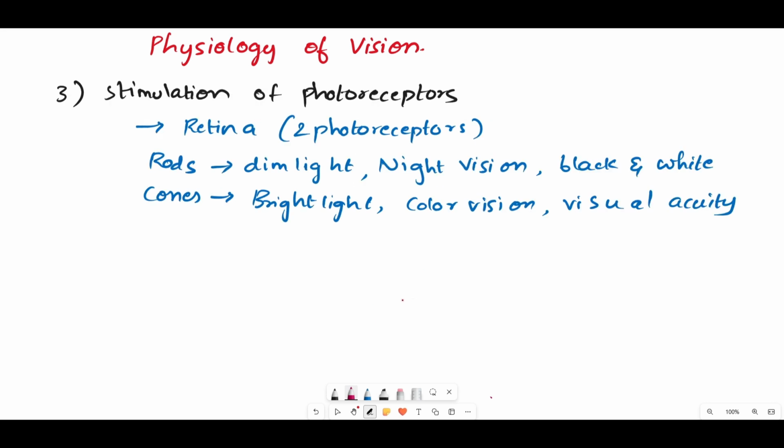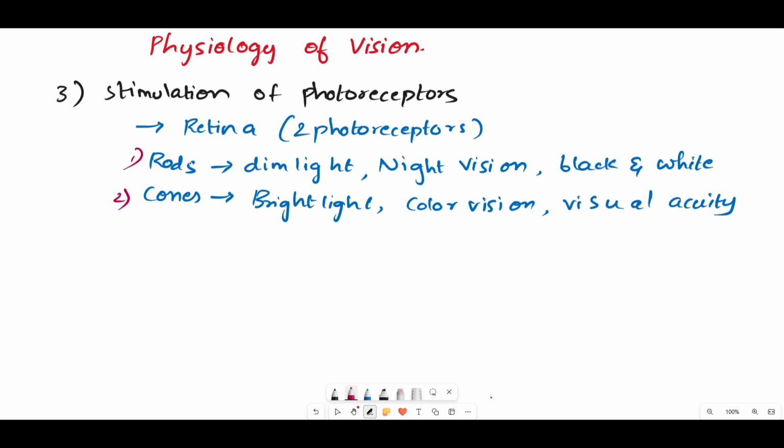So coming back to the third step, it is the stimulation of photoreceptors. The retina contains two photoreceptors. One is called the rods, the second one is cones. Rods are mainly useful for dim light, night vision or black and white. Whereas cones are useful for seeing bright light, color vision or visual acuity.